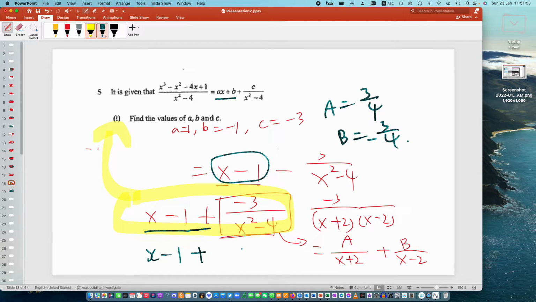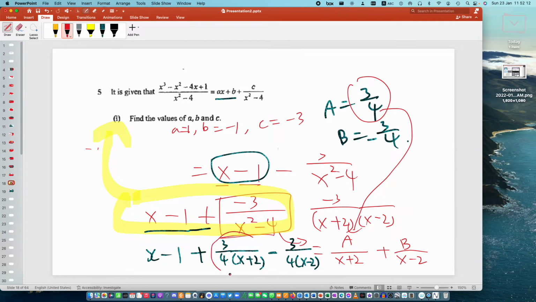So I will end up with A is 3 over 4, so it's 3 over 4 x plus 2 minus. That means if I go one step further, part 2, partial fraction, then this is the answer.